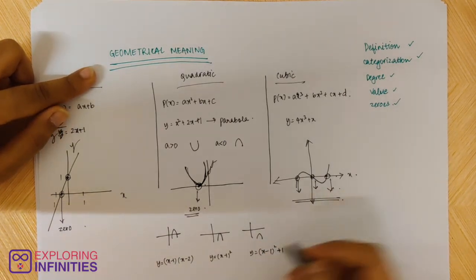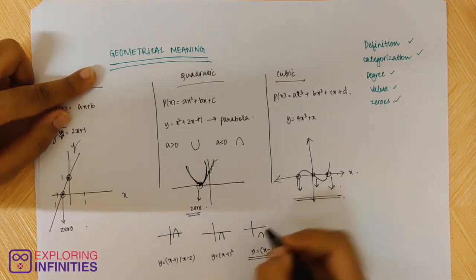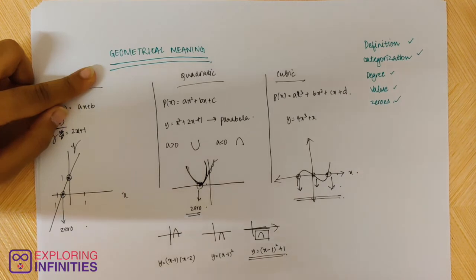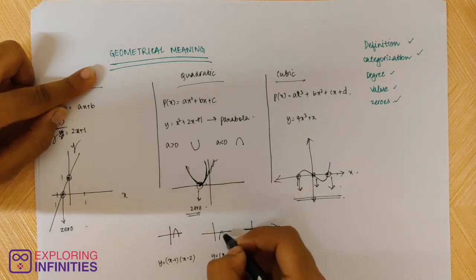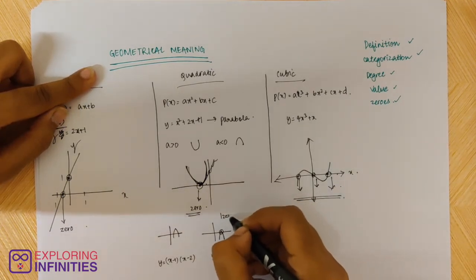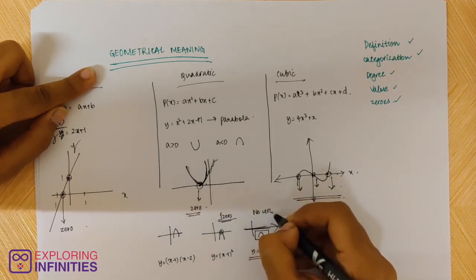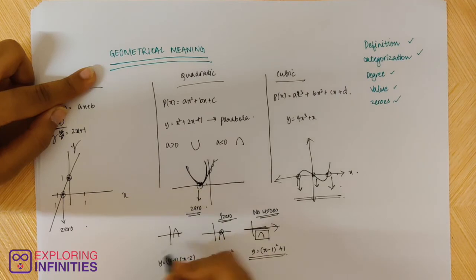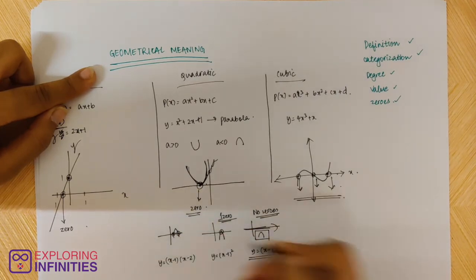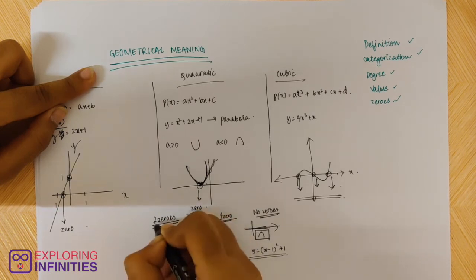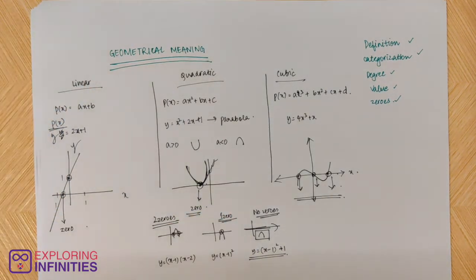So this has no zeros because it doesn't intersect the x-axis at all. This intersects the x-axis at 1 point, so 1 zero. And this intersects the x-axis at 2 points, so 2 zeros. Okay, so that is how you solve. These are just examples so that it's easier for you to understand.